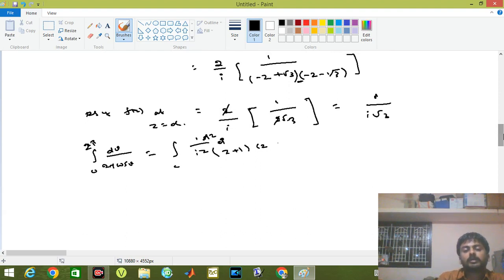So this is equal to integral over C 1 by iz dz, divided by the values for 2 plus cos theta.